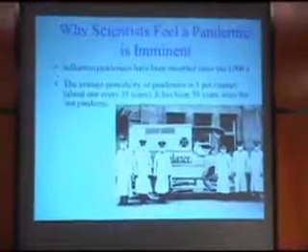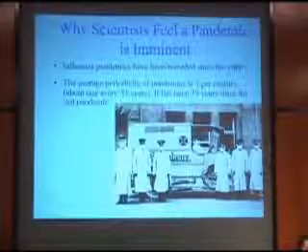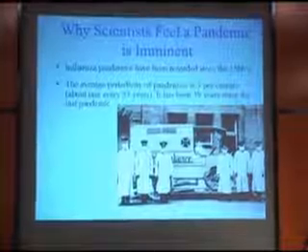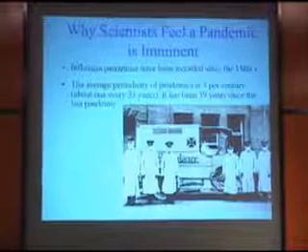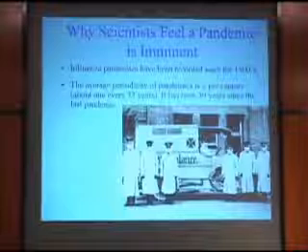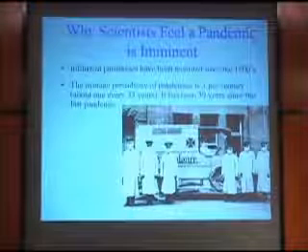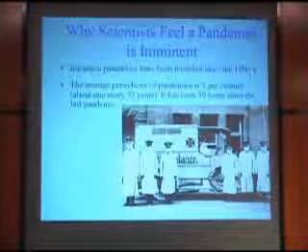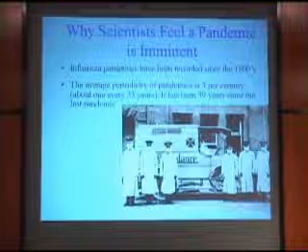Now I get a lot of questions about why is everyone so worried now as opposed to 10 years ago. So here are a few thoughts on this. First of all, pandemics are nothing new. They've been recorded in history since the 1500s, and they're usually about 3 per century, and the last one was about 39 years ago.